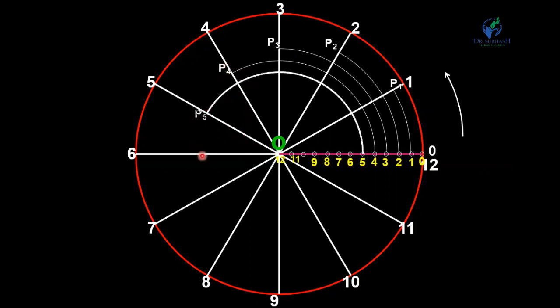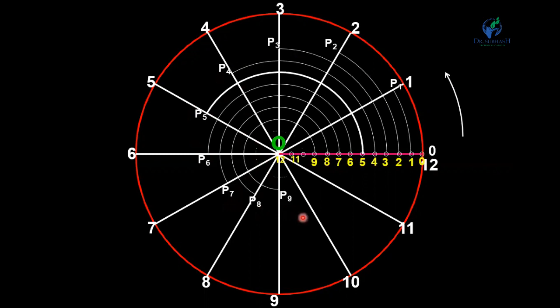Similarly, you can find point P5. With O as a center and radius equal to O6, you will get point P6. With radius equal to O7, you will get point P7. Similarly, find points P8, P9, P10, P11, and finally point P12 is at the center. Now join all these points by a smooth curve.